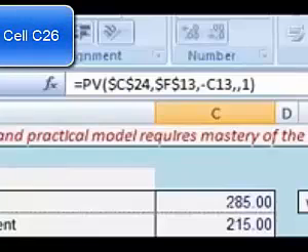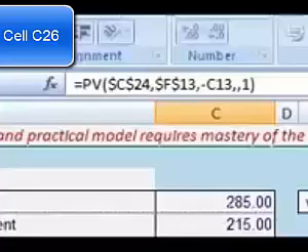Now we move down to cell C26, where we work out the present value of the first year of market rent to the tenant. In this we use the PV function, the tenant's effective weekly discount rate, and the market rent. There are a number of important things to note in the use of the PV function in this case.